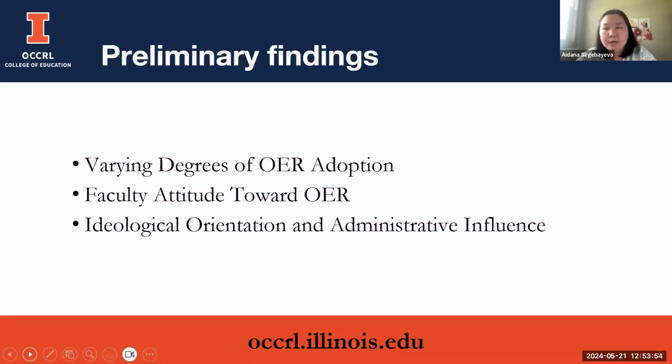And we would like to present the preliminary findings of our study here, and we have identified 3 of them worth mentioning. The first one is the varying degrees of OER adoption that we have observed within the community colleges.